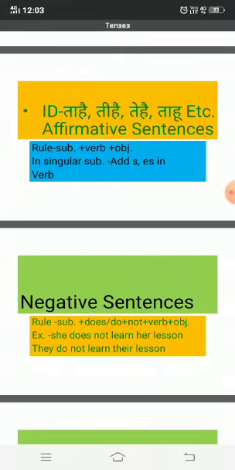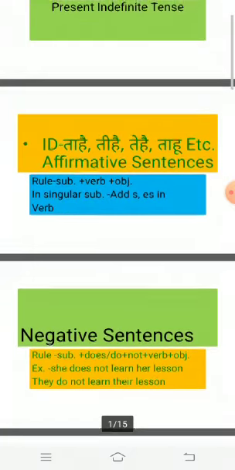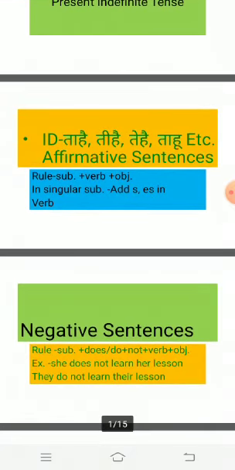Okay? For example, suppose I have not written example, but you can see the example. Suppose we are saying he goes. It means he is singular and we are using es in verb go. But when it is plural, they do their work.